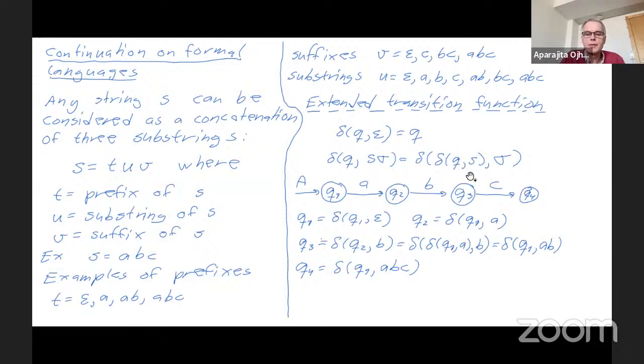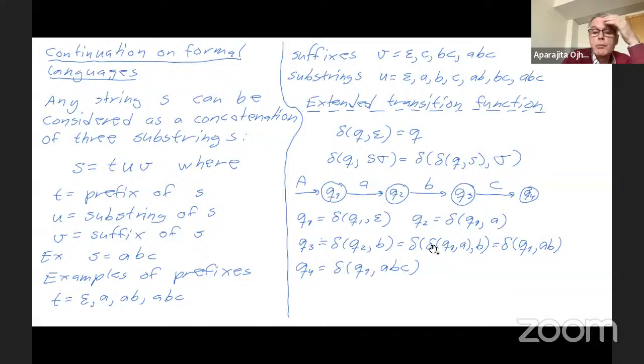Note that this delta of Q comma S is a state going from the state Q via the string S to a new state. To exemplify this, we can note that Q1 is delta of Q1 comma epsilon, while Q2 is delta of Q1 comma A, which brings you to Q2, while Q3 can be expressed as a transition from Q2 via the event B to Q3.